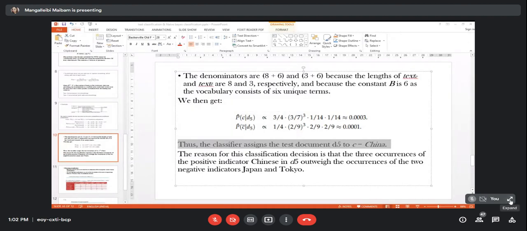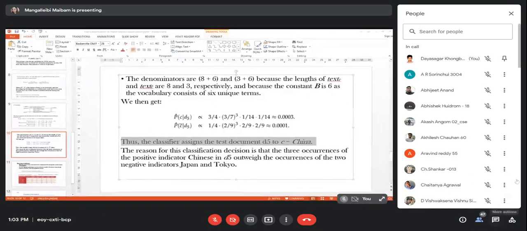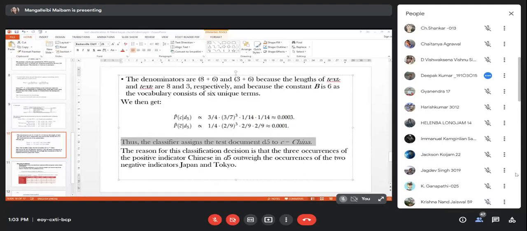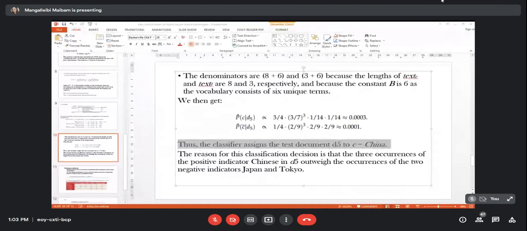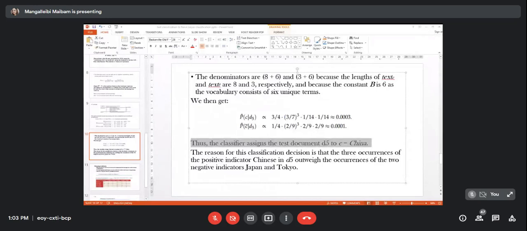Deepak Kumar, did you understand Naive Bayes text classification? If I give you an example, can you solve it? Yes, ma'am. Then how do you find the conditional probability for Tokyo?